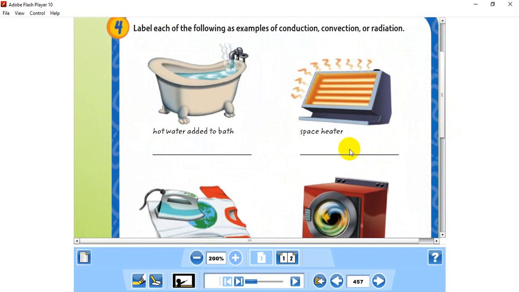For example, this one is conduction or convection or radiation or both together. You have to identify each one of them. So let's start with the boiling water, hot water added to the bath. The boiling water here is an example of convection. So we have to write here convection.